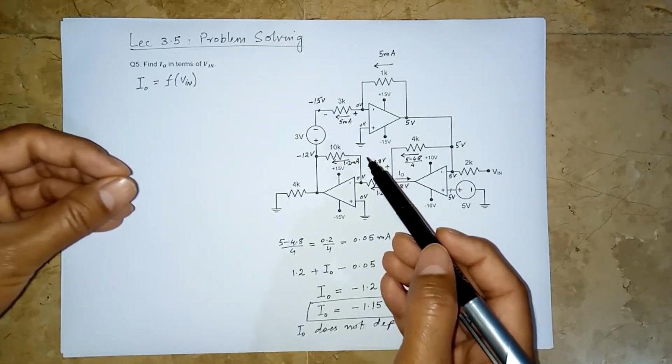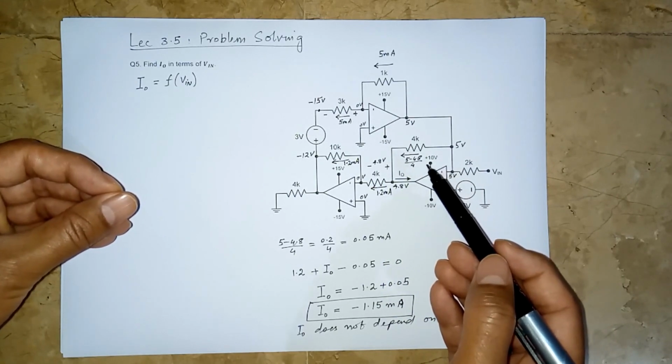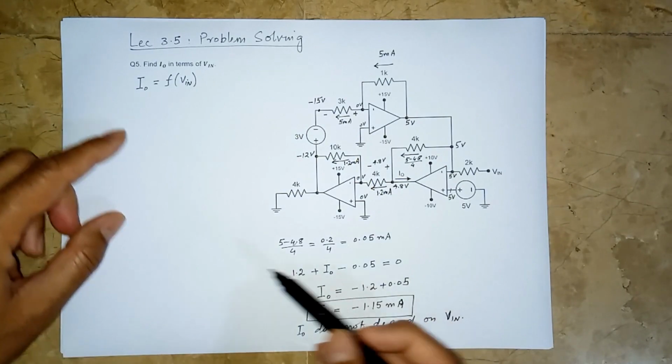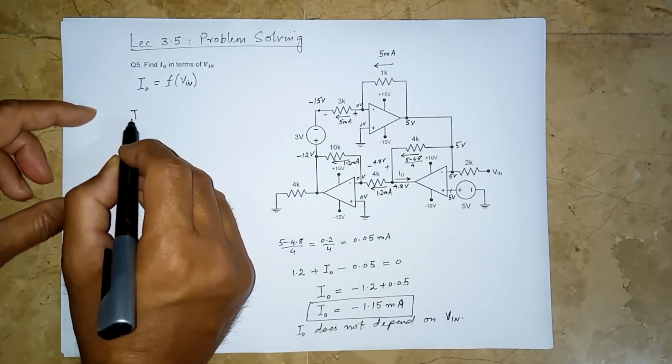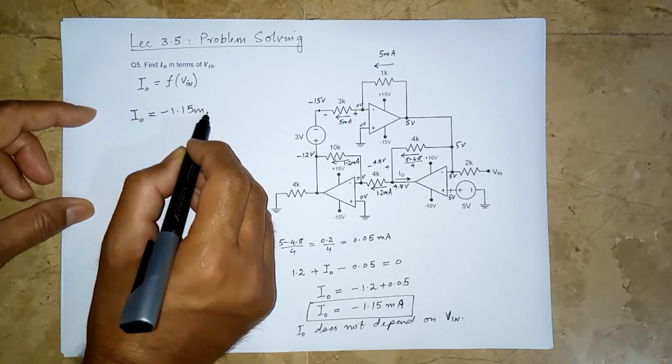Just by using the ideal op-amp characteristics, the passive sign convention, Ohm's law, and some basic things, we have been able to solve this. So the answer is I naught is minus 1.15 milliampere.